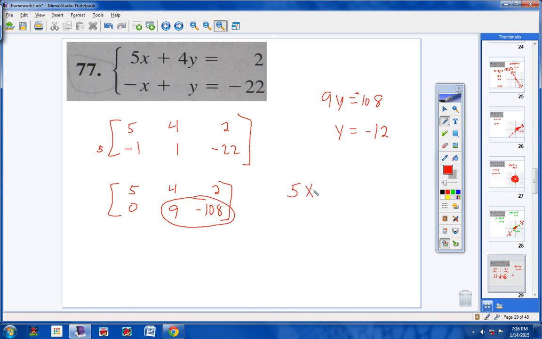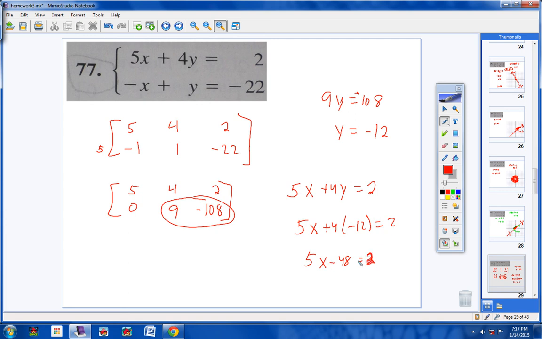Now, take your other equation, the 5, 4, and the 2, and that would be 5x plus 4y equals 2. Where the y is, I'm going to put a negative 12, so 5x plus 4 times negative 12 equals 2. That would be 5x minus 48 equals 2.